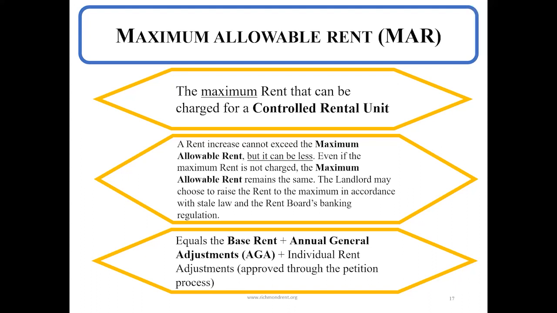Esta cantidad se calcula simplemente por agregando la renta de base, los ajustes anuales generalizados y también ajustes de renta individuales aprobada por el proceso de peticiones. The base rent is the rent charged at the initiation of the tenancy. La renta básica es lo que se cobra cuando se empieza este contrato.